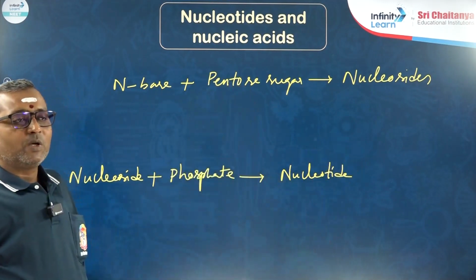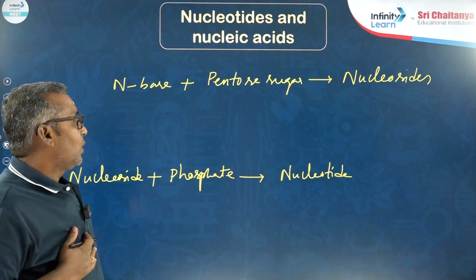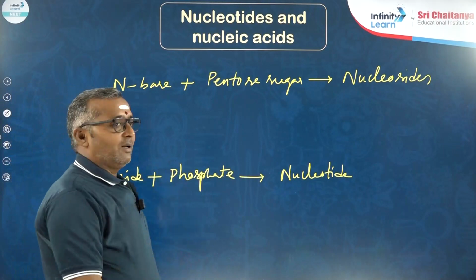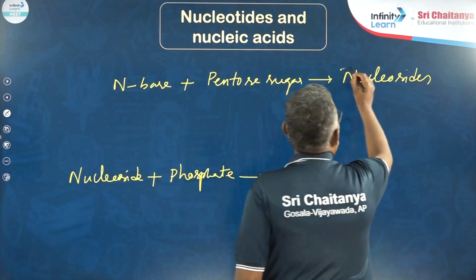That is the difference between nucleoside and nucleotide. Simply to say, in a nucleotide there is a phosphate. If phosphate is removed from the nucleotide, you will get a nucleoside.